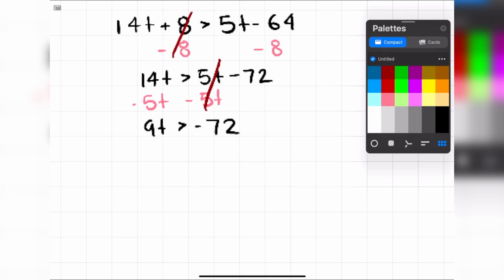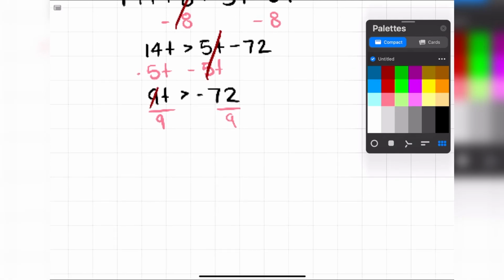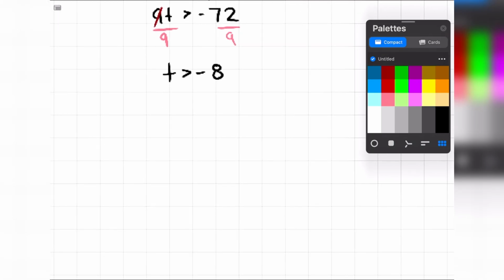Then we divide both sides by 9. That'll cancel out the 9 right here, leaving us with t. t is greater than negative 72 divided by 9, which is negative 8. That is your number.